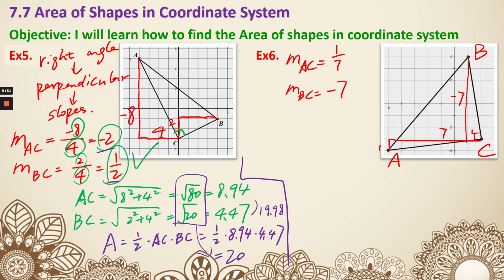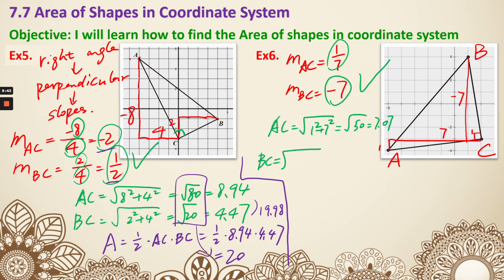Now these 2 numbers clearly are opposite reciprocals. That works. I can start finding the length. AC is square root of 1 square plus 7 square, which is square root of 50, which is 7.07. BC is also square root of 1 square plus 7 square, because again, this is -7/1. So that is going to give you a square root of 50 or 7.07.